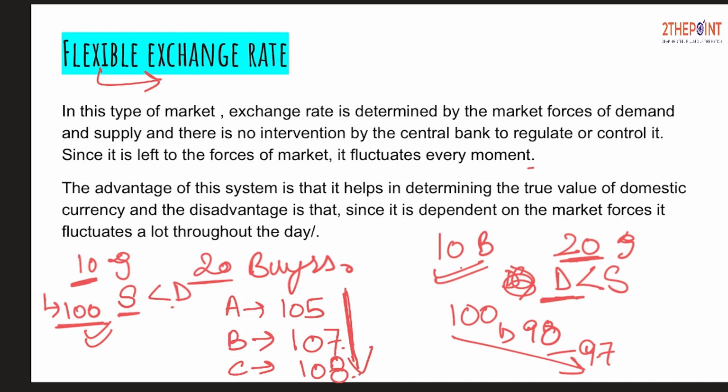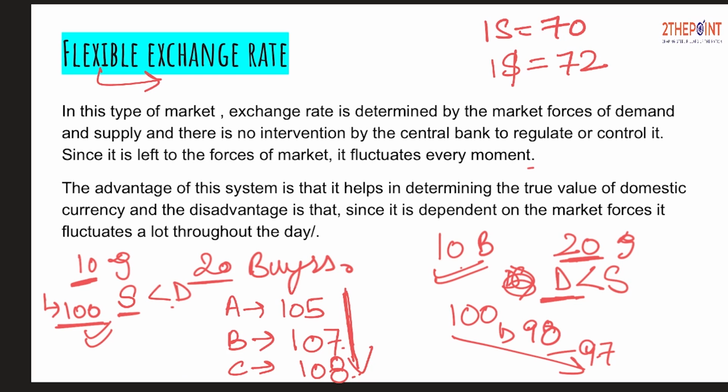One of the disadvantages of this system is that since it is dependent upon the market forces, it fluctuates throughout the day. A moment back you will realize that $1 is equal to 70 rupees. A moment after that, or maybe 5 minutes later, you will realize that the dollar has become more expensive, and now in order to buy $1 you have to spend 72.